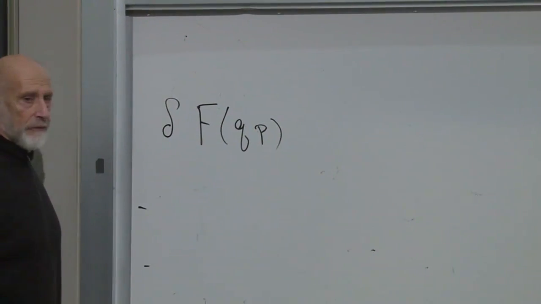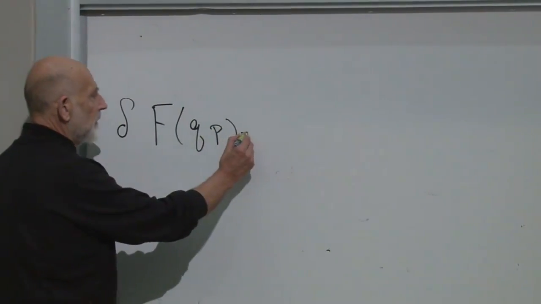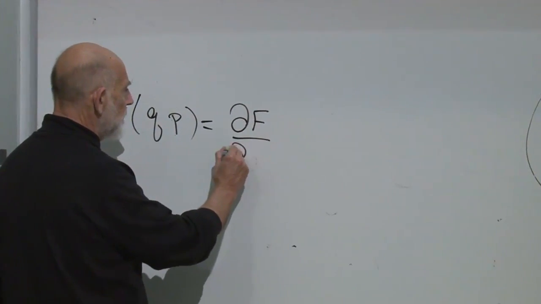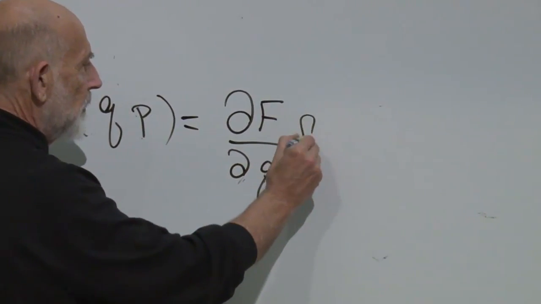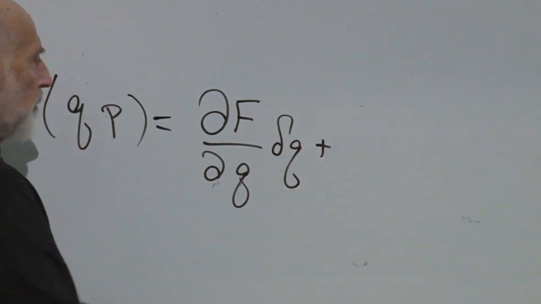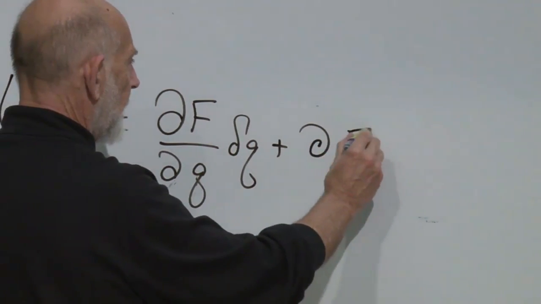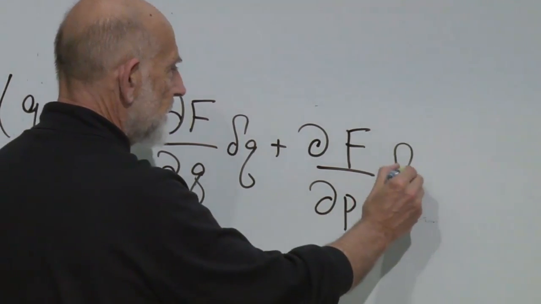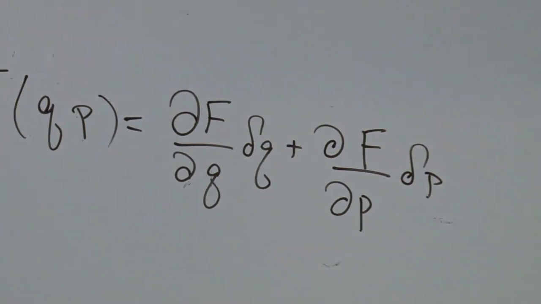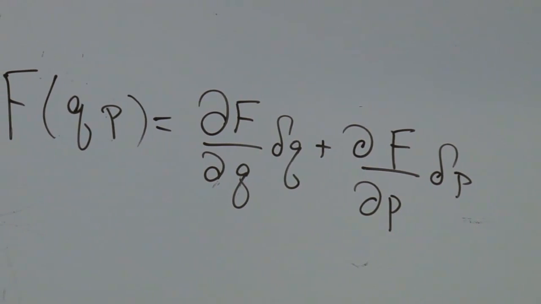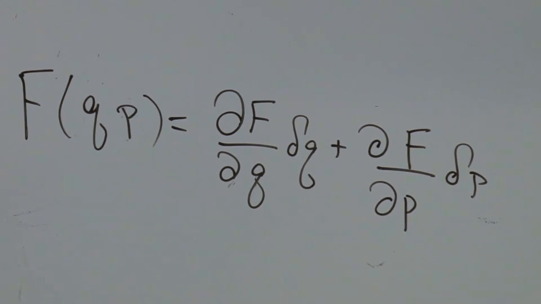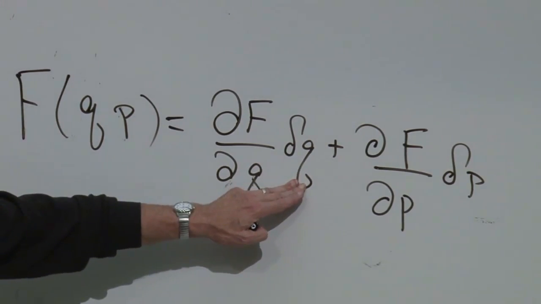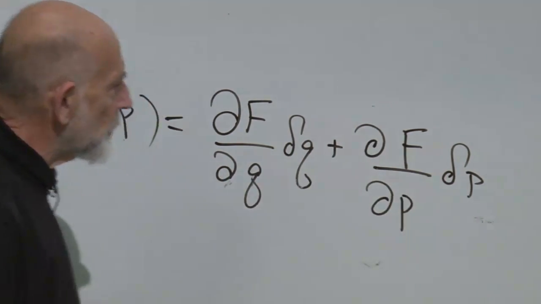What's the change in f? The change in f is given by the partial derivative of f with respect to q times delta q plus the partial derivative of f with respect to p times delta p. This is just standard calculus of two variables. The change in f is because you changed q a little bit, times a little change in q, plus df by dp times a little change in p.